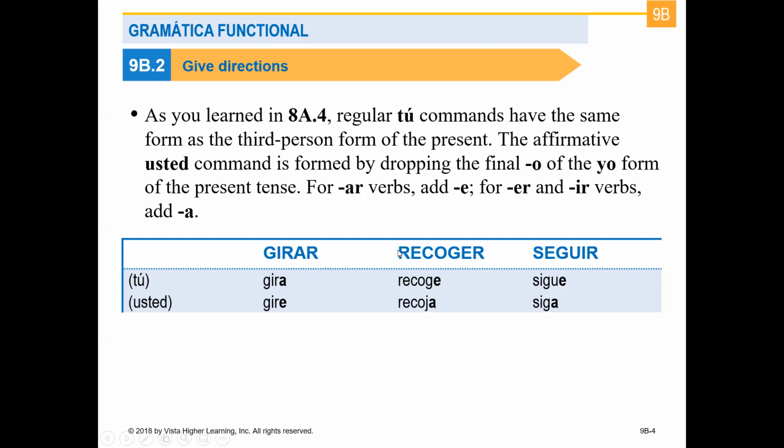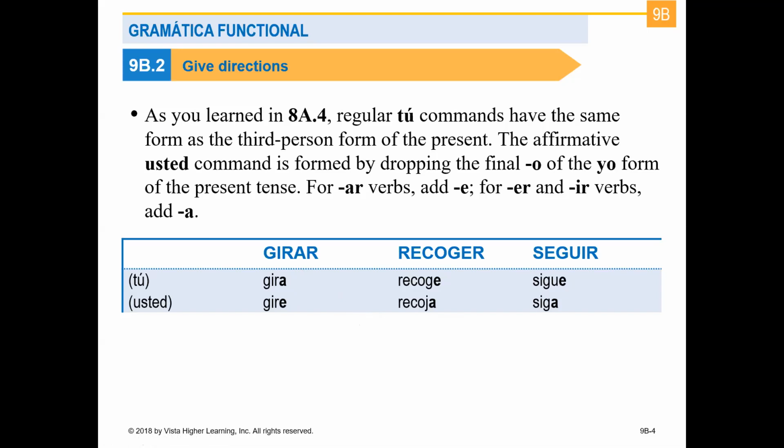And then for the ER-IR verbs, instead of recoge or sigue, it would be recoja and siga. So like, yeah, basically just flips the endings, I guess, is a sort of an easy way to think about it, I think.